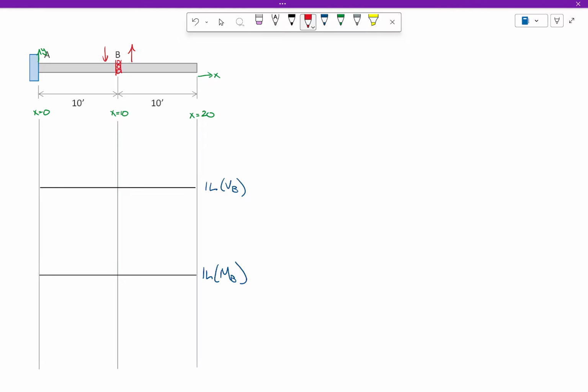So I guess what I'm asking is, I'm going to draw an influence line. Is that right? Drawing the influence line like that, is that correct? Probably not. It's not. Okay. Why is it not? Well, there's a couple reasons.